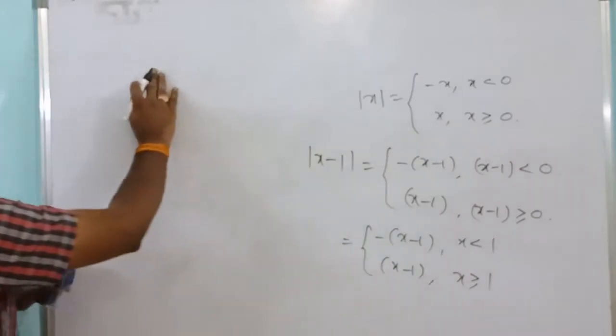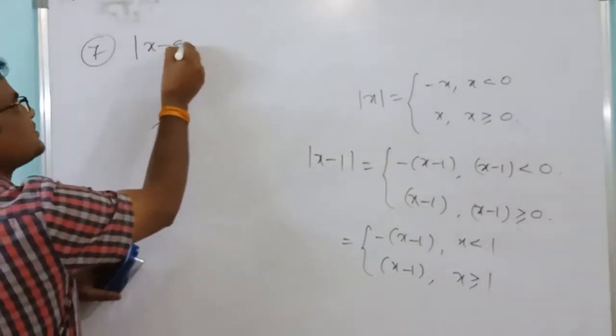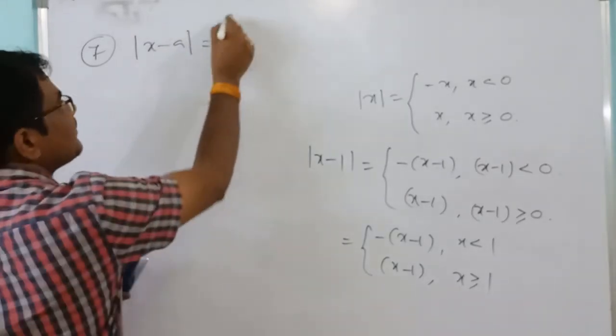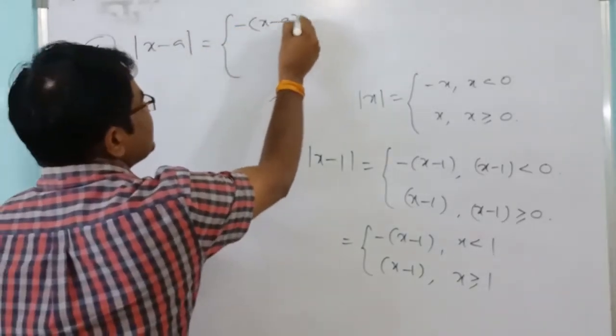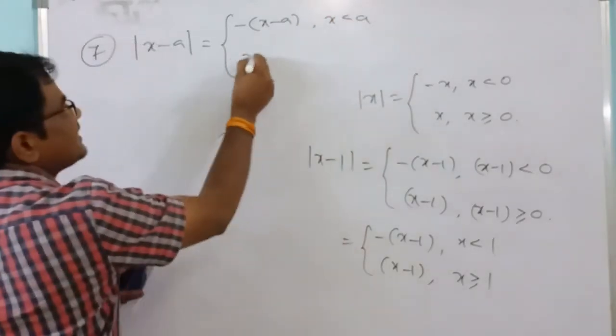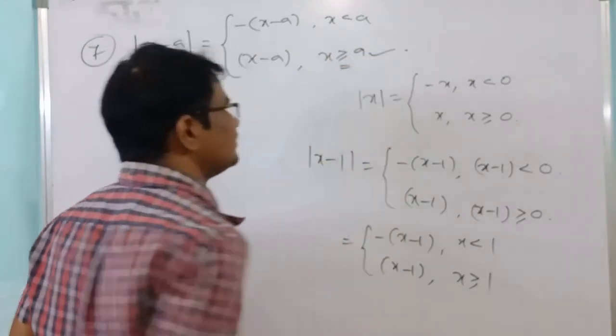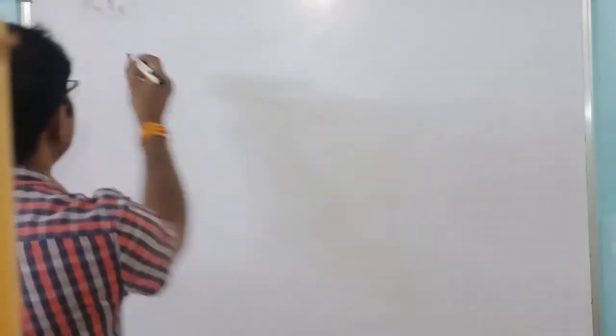If we generalize this one, seventh one you will get. That is modulus of x minus a equal to minus of x minus a if x less than a, and x minus a if x is greater than or equal to a, like this one. Right? Take eighth one.